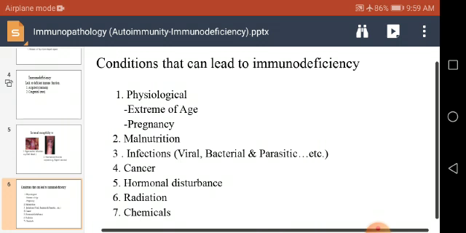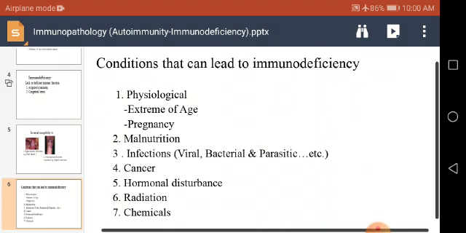During pregnancy, this is for a period of pregnancy. The immunity of the pregnant woman goes down so as not to attack the baby in uterus, because half of the baby is foreign. It belongs to the father. Otherwise, the baby will be rejected.